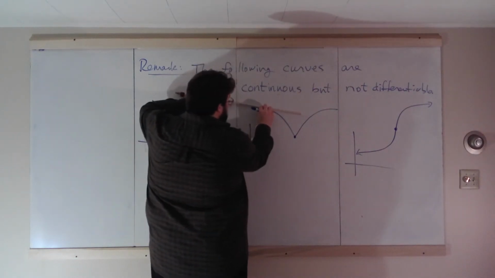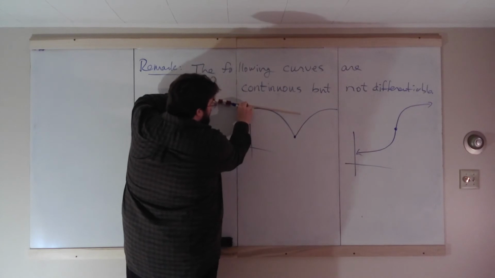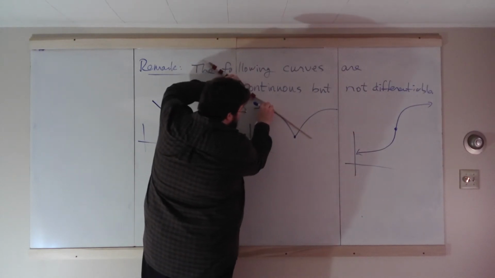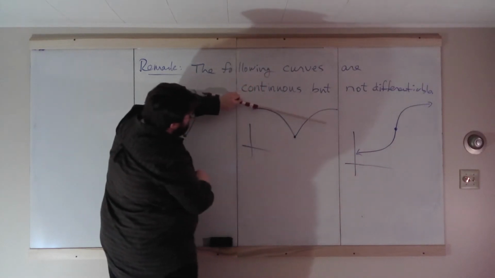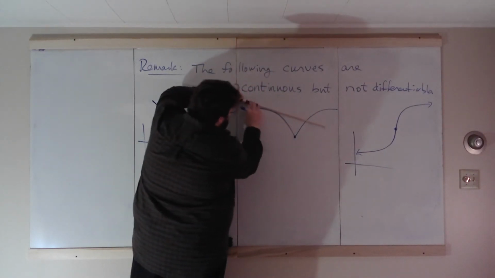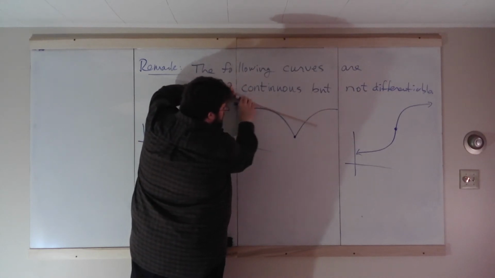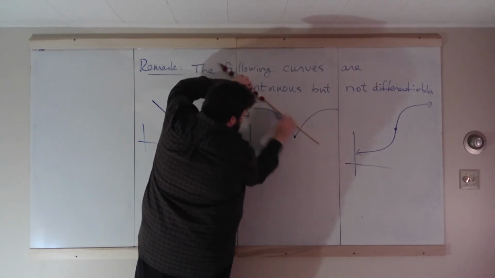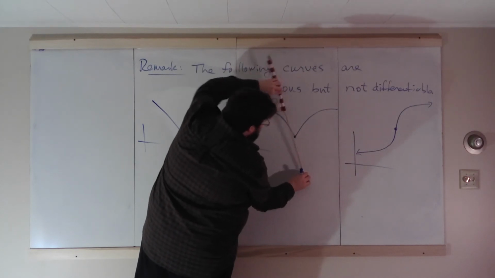Well, let's let the tangent lines travel through the curve. What happens here? Well, they go like this, and they're approaching what? These are all negatives. The slopes of these are all negative because they're going downward. Negative, negative, negative, all the way down to negative infinity.